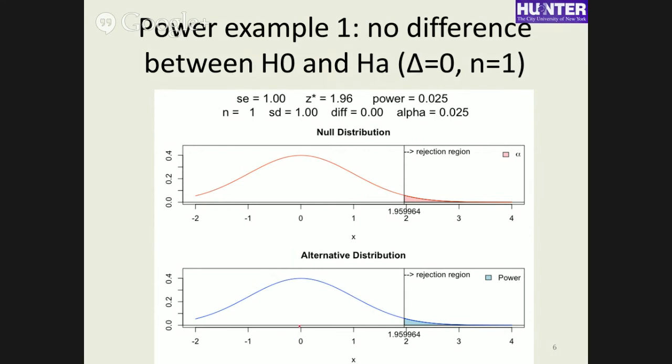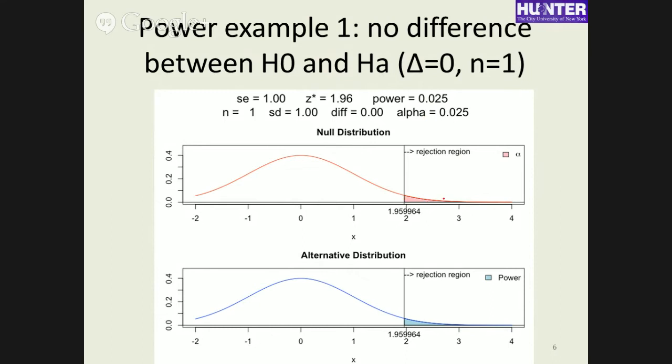Here's a null distribution, centered on 0, with standard deviation of 1, and our rejection region. I put alpha equals 0.025 because this particular tool just does a one-tailed test, but I wanted to do this for a two-tailed test.